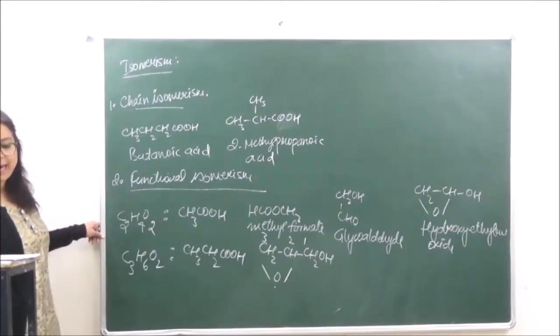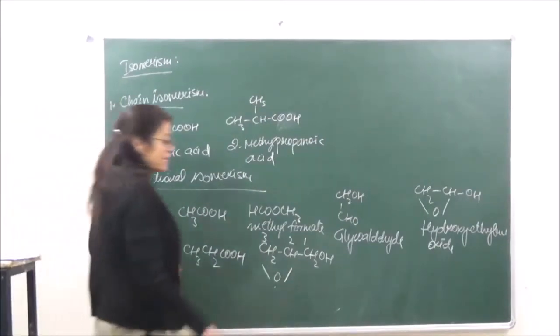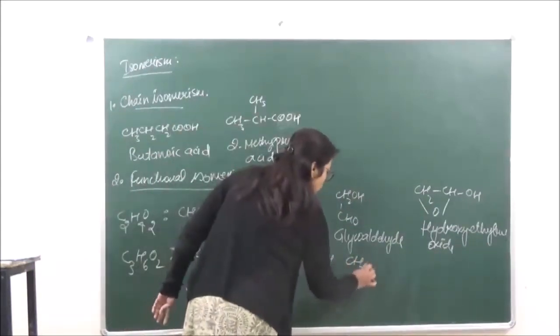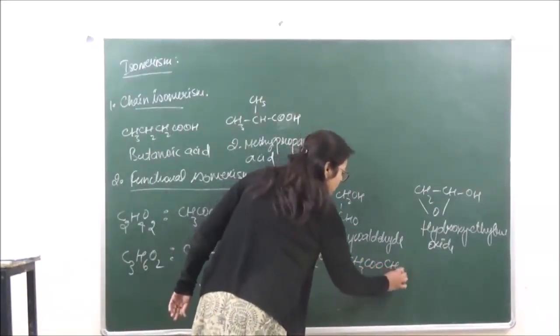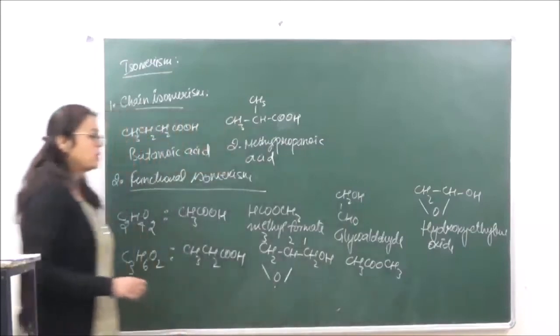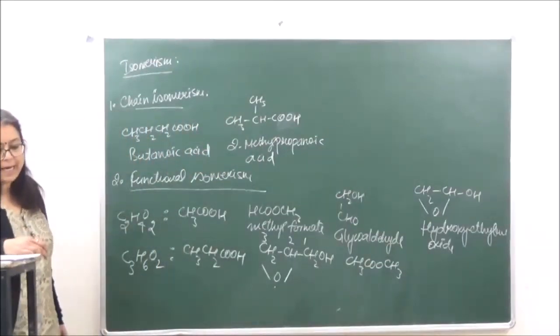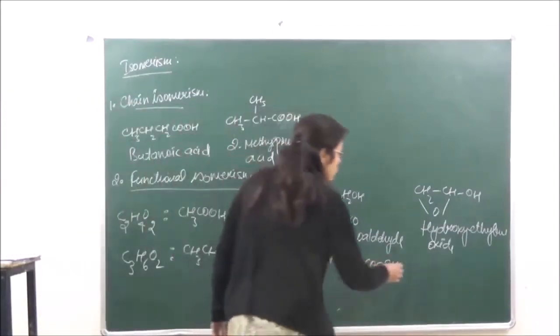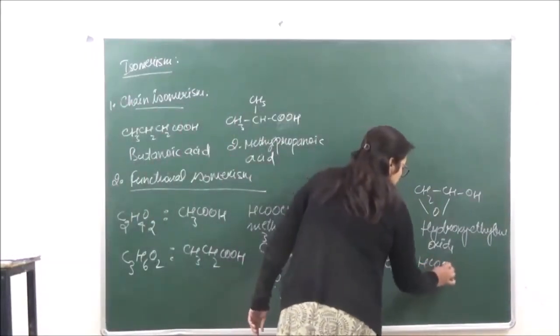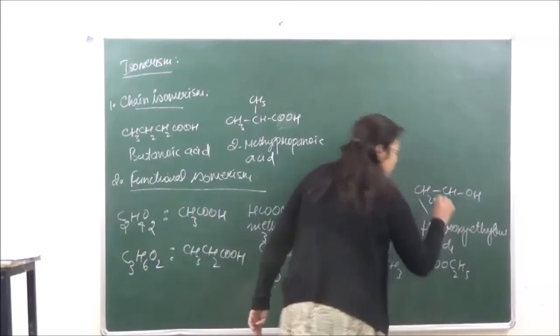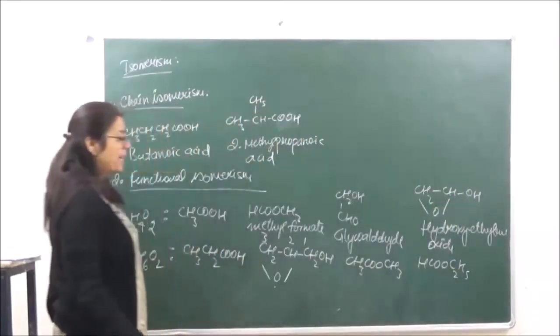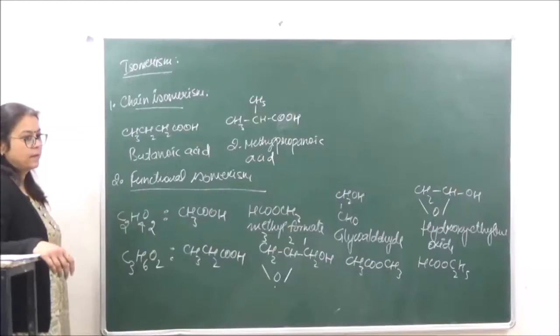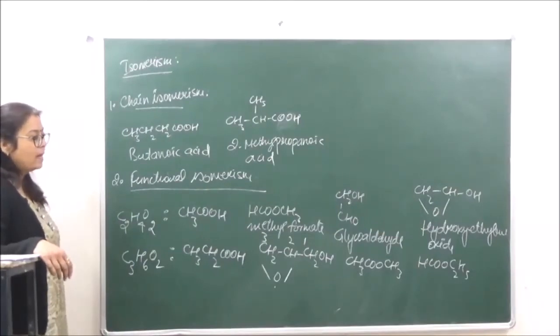Or this can have methyl acetate as one of the functional isomers, CH3COOCH3, methyl acetate. Then it can also have a functional isomer of this type. This is going to be ethyl formate. Okay, ethyl formate.